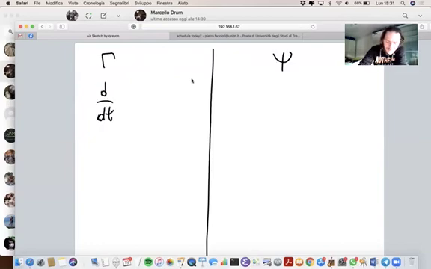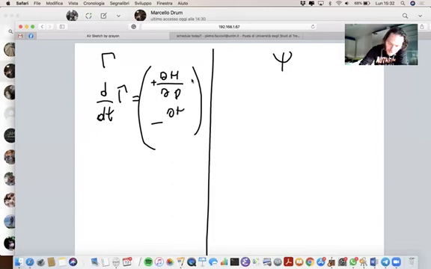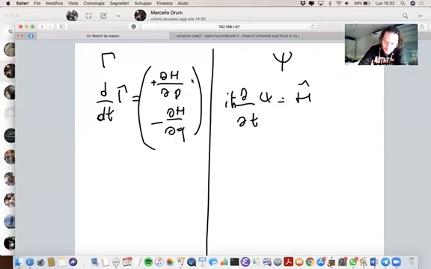The time derivative of the state equals something as a function of H. These are Hamilton's equations, so let me write it as plus dH by dp, and negative dH by dq. That's Hamilton's equations. And here I get the partial derivative with respect to t, times i h bar, of the wave function equals H, a differential operator, acting on it.